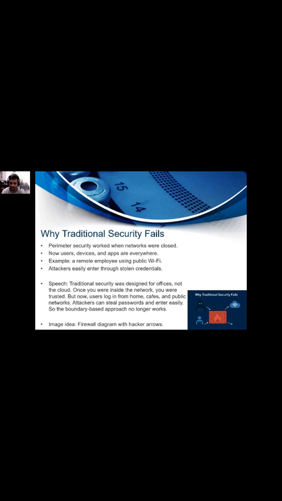Employees connect from personal devices, partners access through APIs, and cloud servers sit outside the company's permissions. If a hacker steals an employee's password, they can enter the network easily and move around undetected. This is the biggest weakness of the traditional model: everyone inside is automatically trusted. Zero trust fixes this flaw by removing the idea of automatic trust.